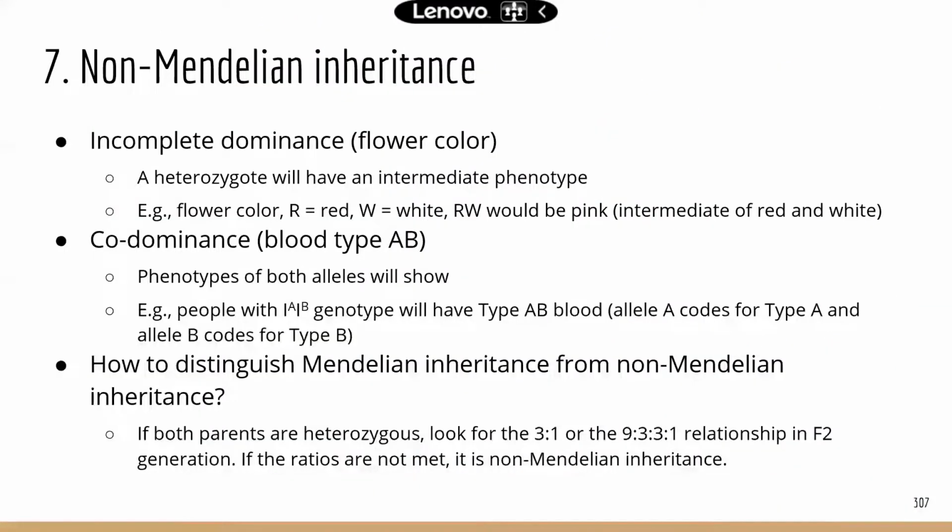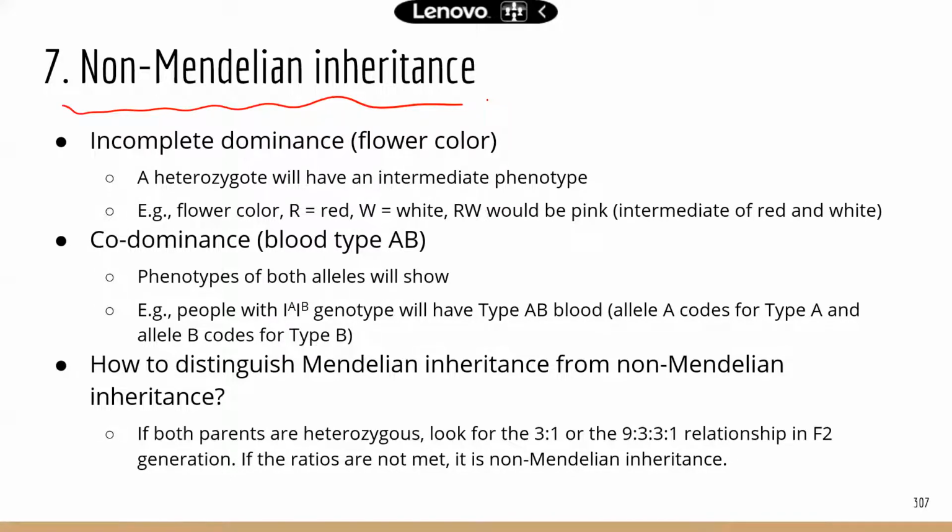So far, we have talked about the examples that follow Mendel's law of heredity, right? But nature is not that straightforward. It's not that simple. We do observe a lot of traits that do not follow Mendel's law of heredity. So we're going to just touch on a few non-Mendelian inheritance, just in case TEAS has questions for those.